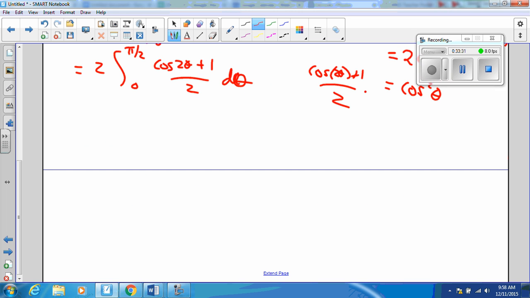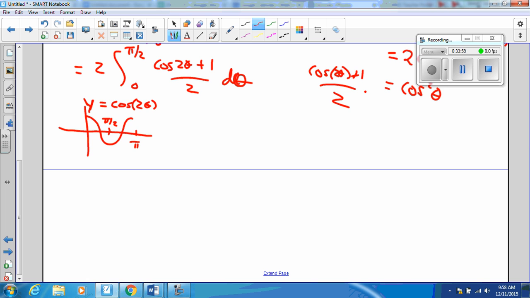Good. Now something wonderful happens if you're willing to think a little bit graphically here. I want you to notice that for this particular integral, something really nice happens, and that is that the function y equals cosine 2 theta is a trig function with a period of pi, right? It starts at 1 and goes down to -1 and goes back up.